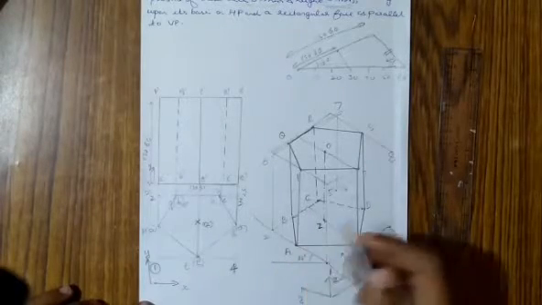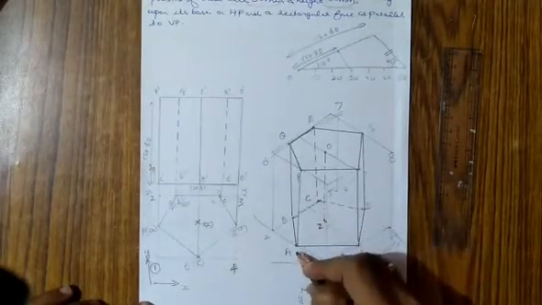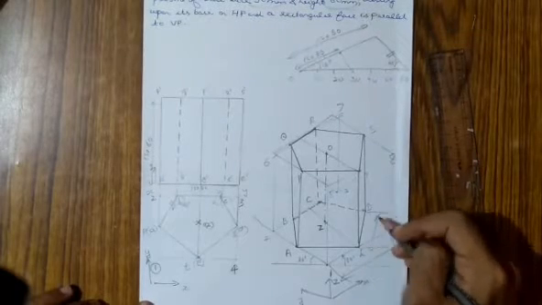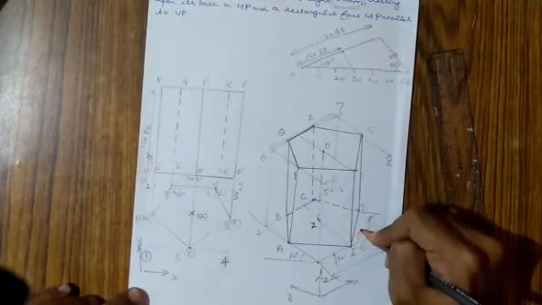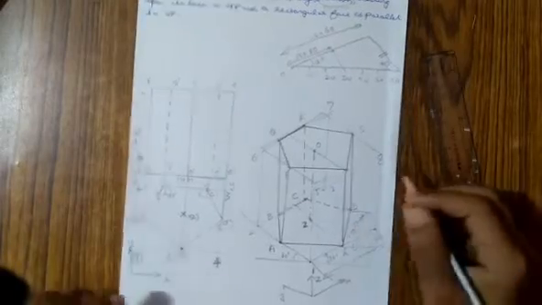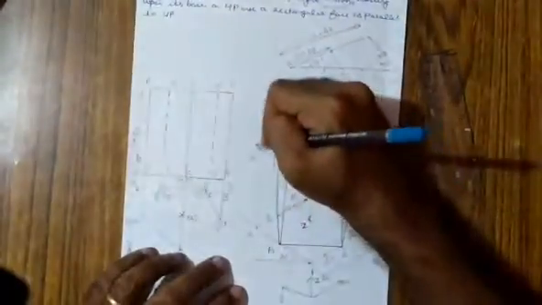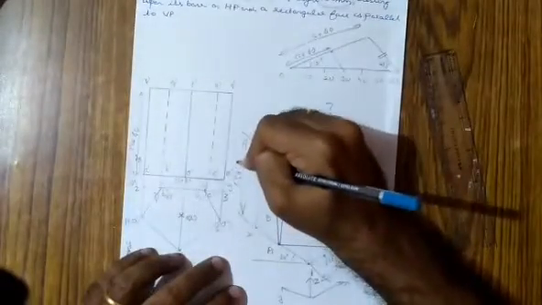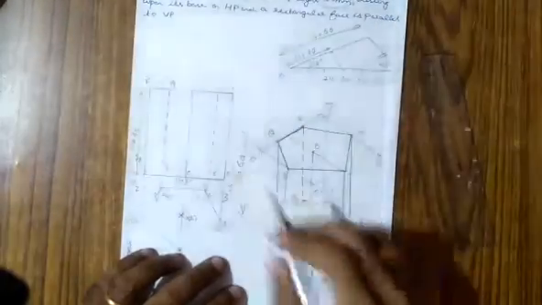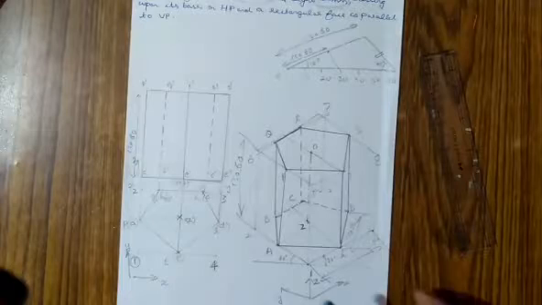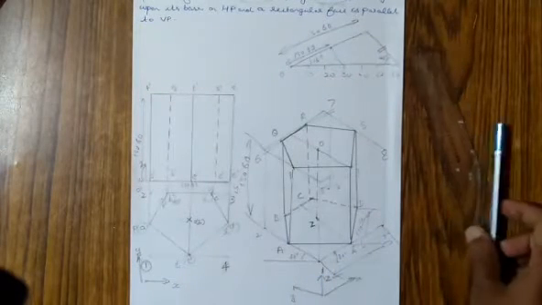Next, this edge is going to be ISO 30 as given in the question, whereas the height of the solid is represented like this, the height as ISO 60. So this is the problem on isometric projection.